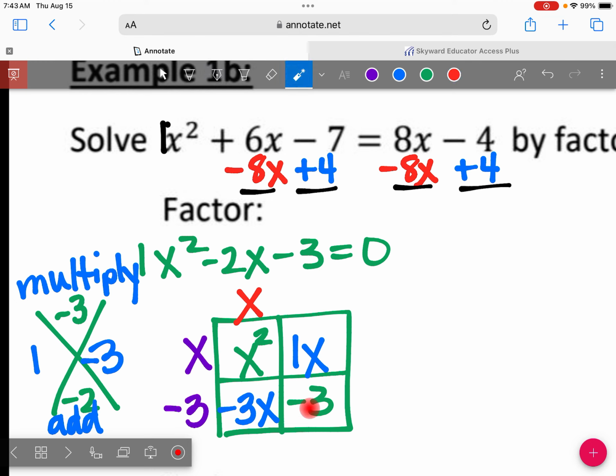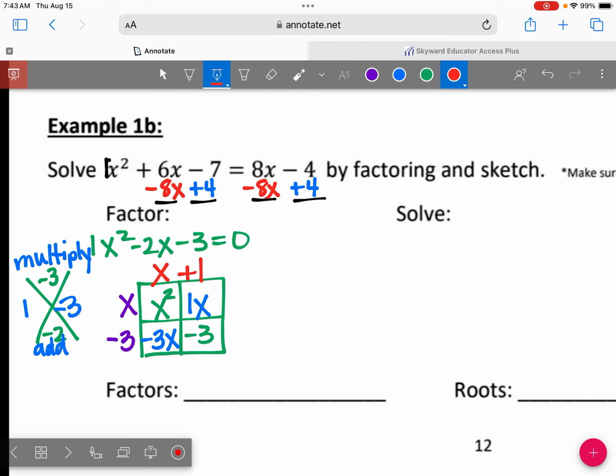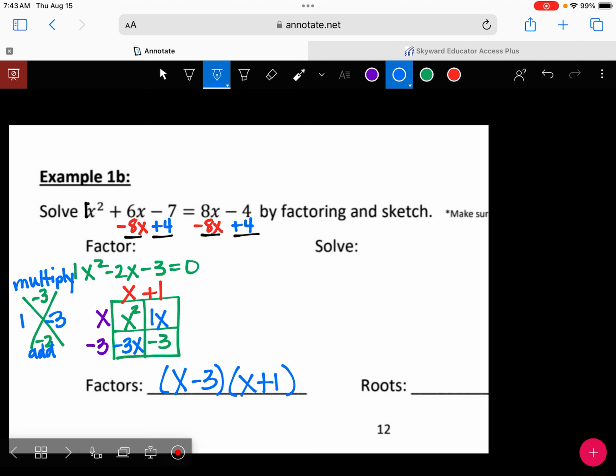And the only thing that I can take out of these two is a what? What do you think I'm taking out of these two? Show me with your finger. What number would you take out? A 1, yeah. So where it says factors, I want you to write your factors. X minus 3, x plus 1.